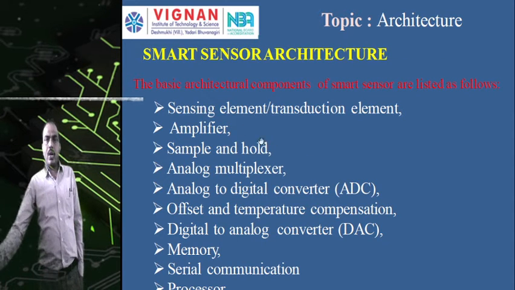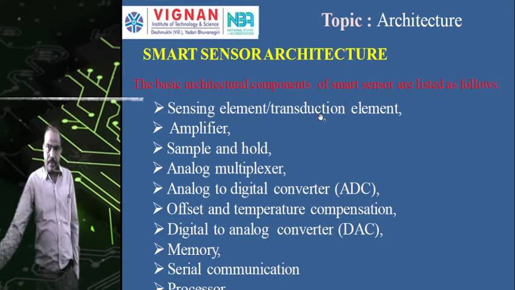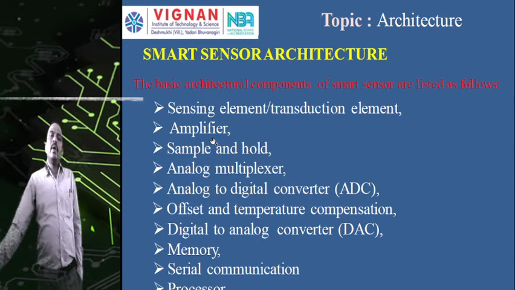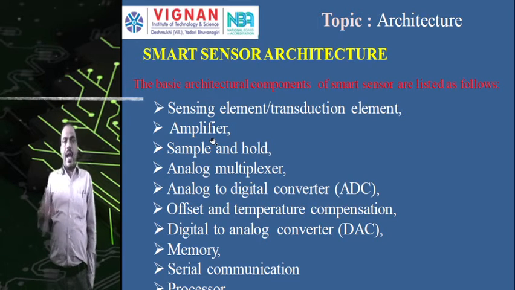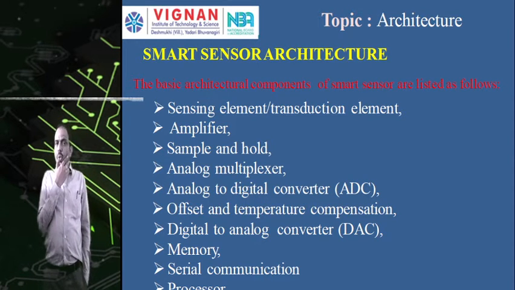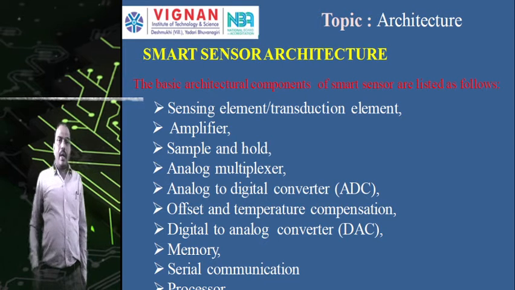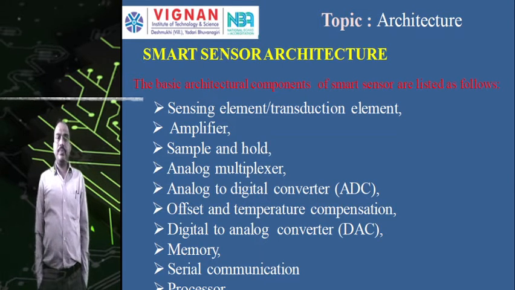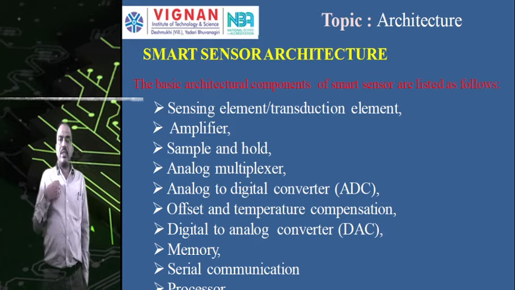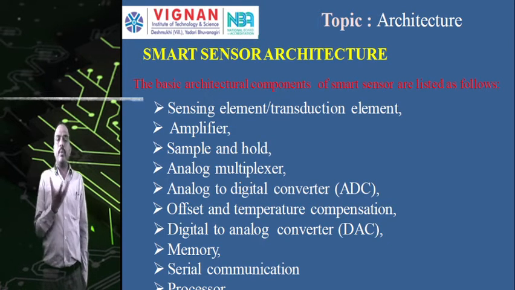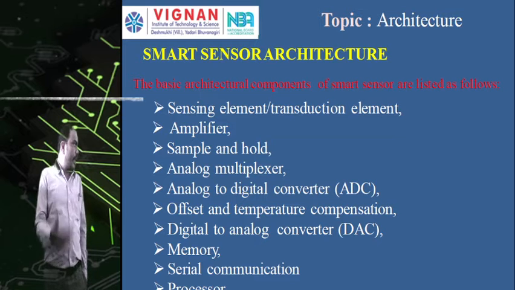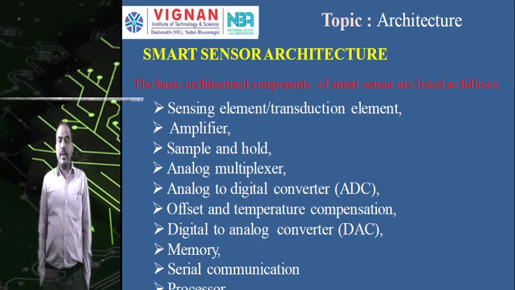So the basic architecture components of smart sensors are the sensing element, that is nothing but the sensor, amplifier, sample and hold circuit, analog multiplexer, offset as well as temperature compensation, digital to analog converter, memory, and the communication, that is serial communication, and the processor.